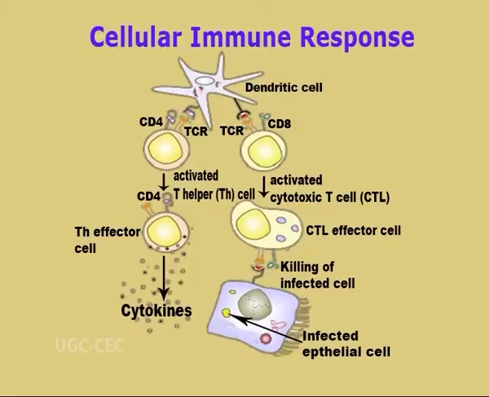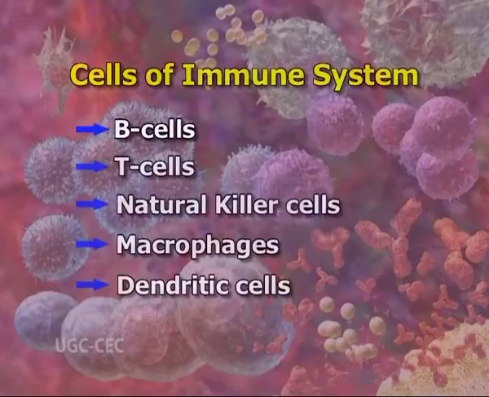TH cells respond to antigen by producing cytokines. TC cells respond to antigen by developing into cytotoxic T lymphocytes, that is CTLs, which mediate killing of altered self cells, for example virus infected cells.